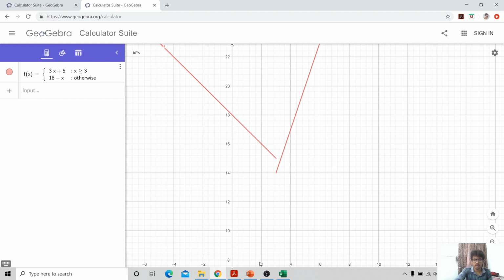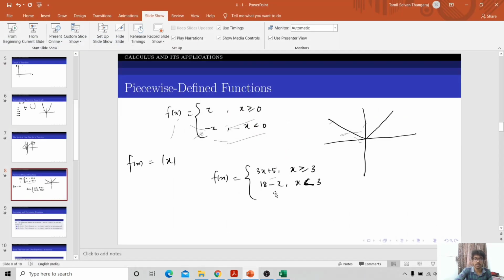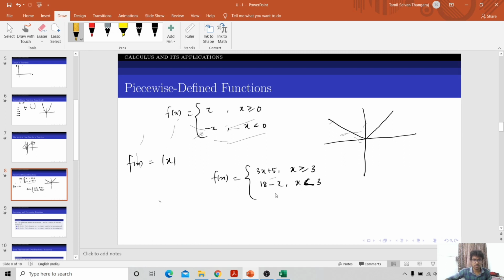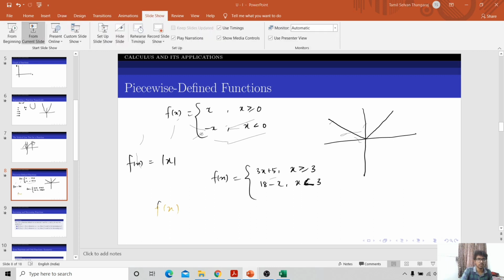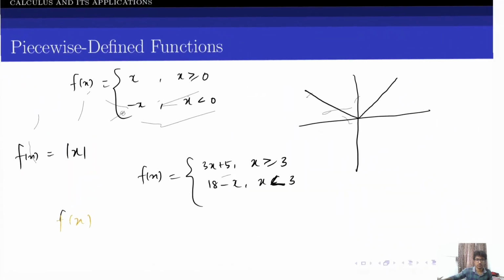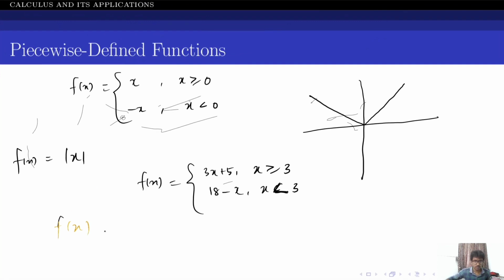And one of the natural piecewise defined functions, it is not actually a piecewise defined function, it is kind of that. Let me take f of x. Just a minute. You may define f of x in other ways as well.